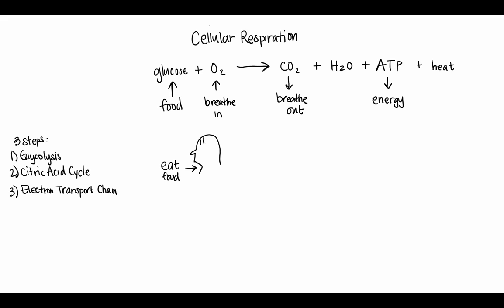So excuse my poor drawing here. You eat the food. And of course, you chew, you swallow, food goes down your throat, your esophagus, your stomach. You basically digest the food all the way down into glucose.